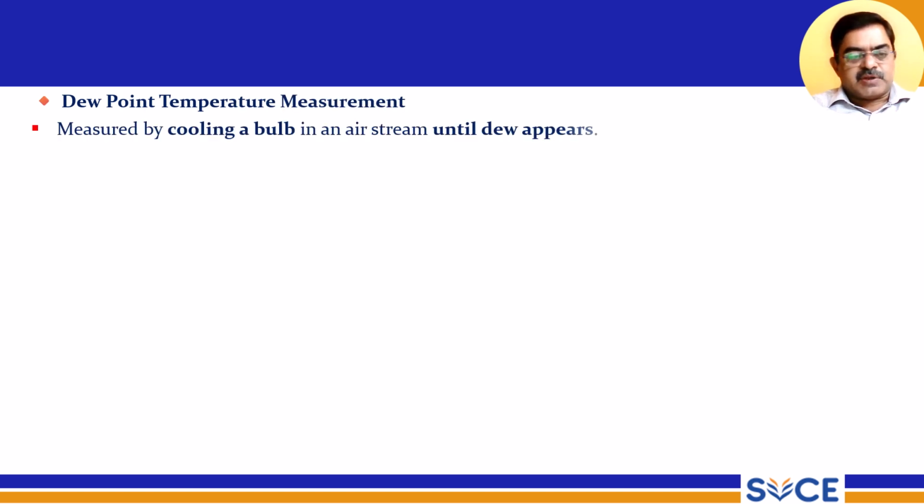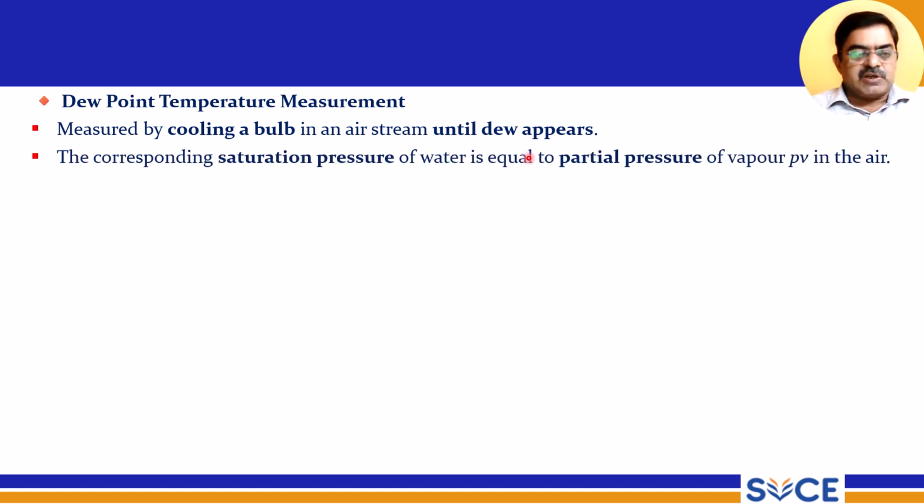Dew point temperature is measured by cooling a bulb in an air stream until dew appears. Dew is nothing but the droplets that accumulate on the surface of a wall. When dew appears, the dew point is measured, and the corresponding saturation pressure of water equals the partial pressure of vapor PV in the air.